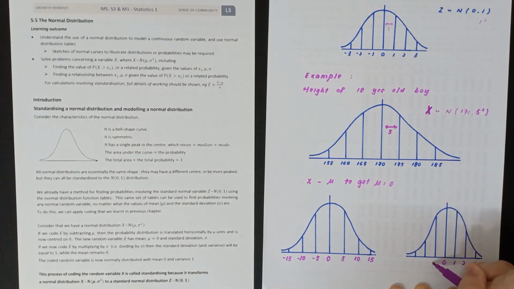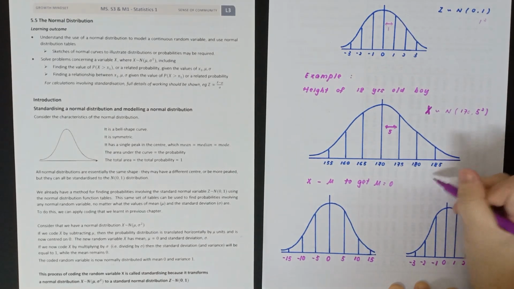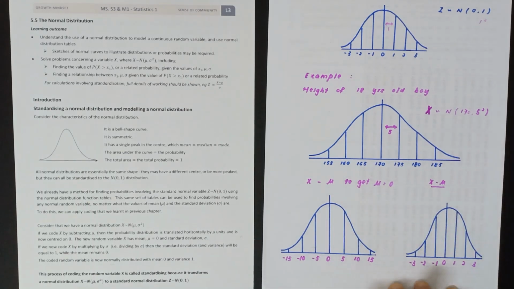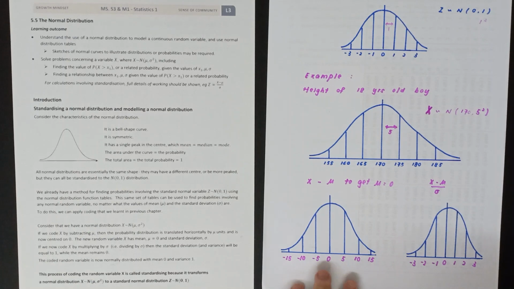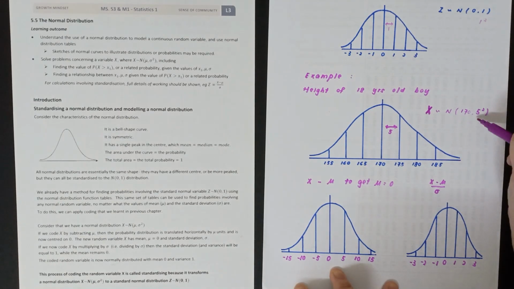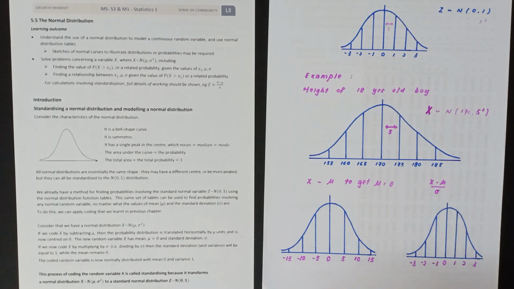Then after that is negative 1, negative 2, and negative 3. So you see what I'm trying to do here, after I use x minus mu, I'm going to divide it by my standard deviation. My standard deviation here is 5. The 5 square here is because this is the variance, so meaning my standard deviation is 5.